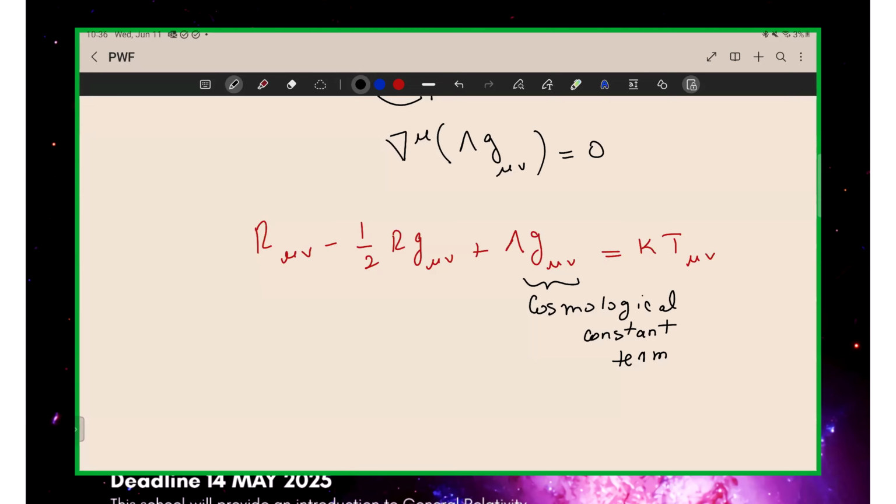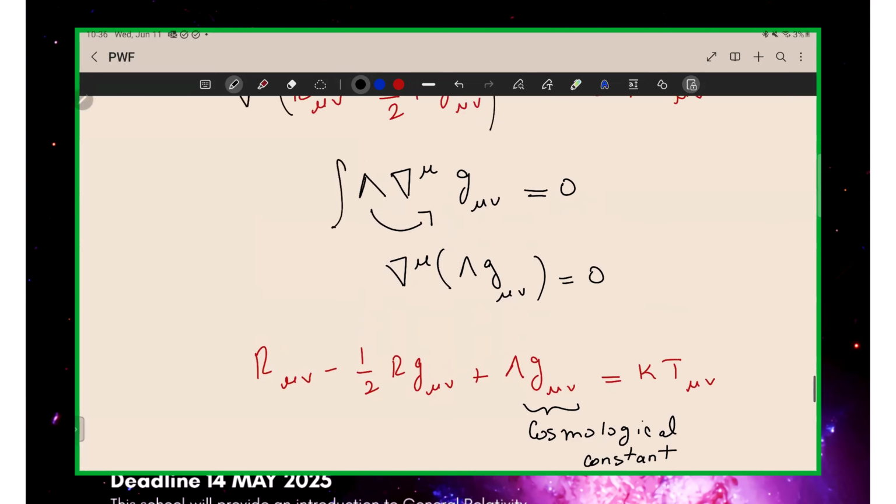A very important thing to notice here is this step that I did. This step was possible only because lambda is a constant. If lambda was not a constant, I would not be able to bring it inside, right? It means that the cosmological constant has to be a constant.